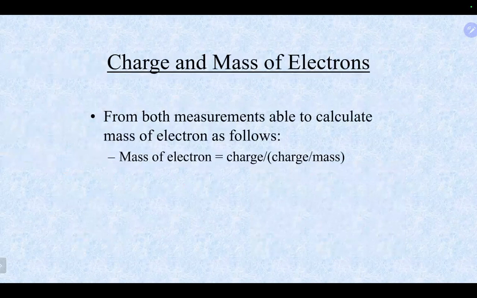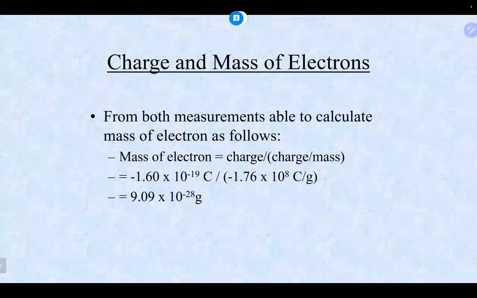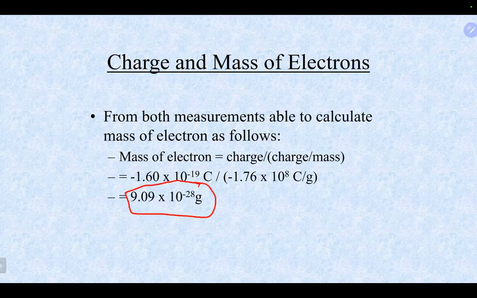The mass of an electron ends up being something like 9.09 times 10 to the minus 28 grams. That is a very small number, right? Minus 28 means moving the decimal 28 places to the left and putting a bunch of zeros in front of it, so it's a really small number.